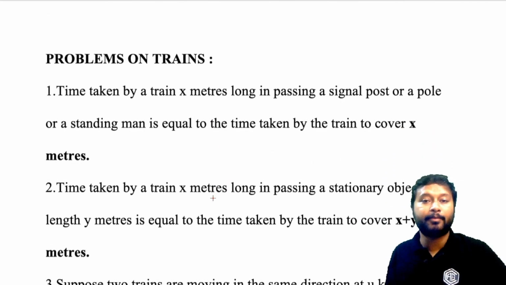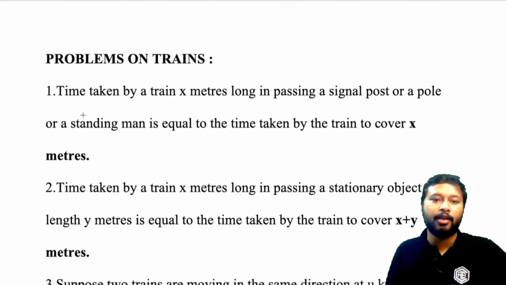Okay, now problems on trains, these are very much asked. The time taken by a train x meters long, let's say the length of the train is given to you and it passes a signal post, a pole or a standing man.